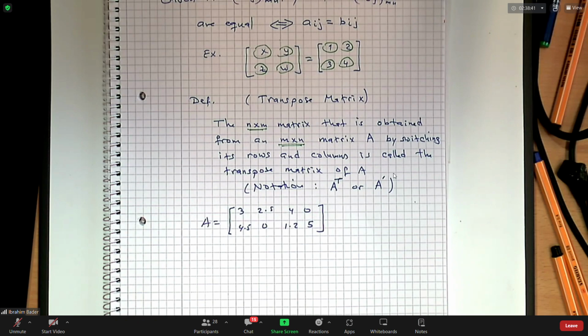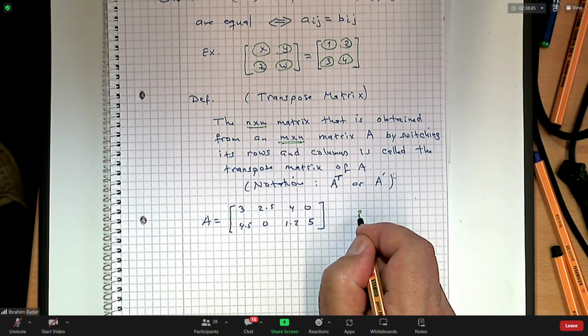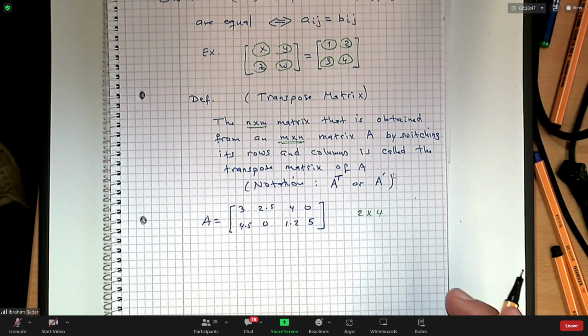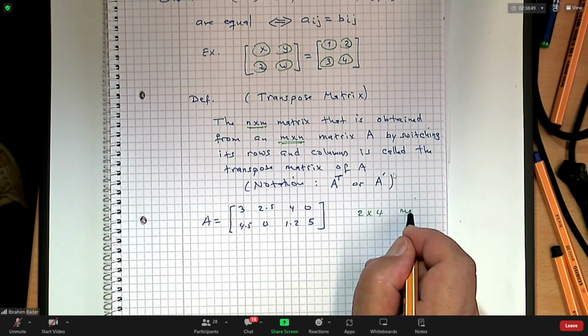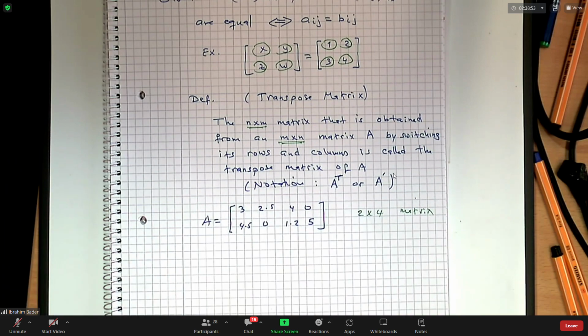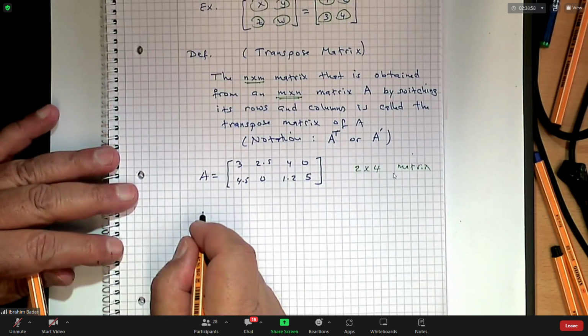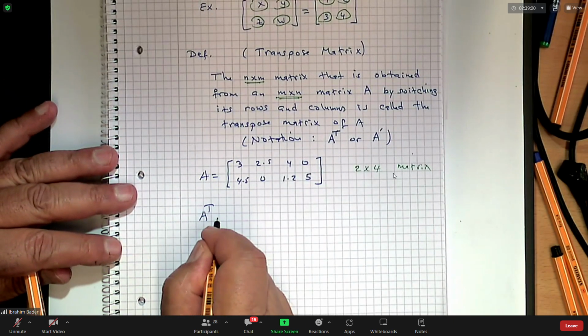What is the dimension of this matrix? It's a 2 by 4 matrix. So what is the dimension of the transpose matrix?